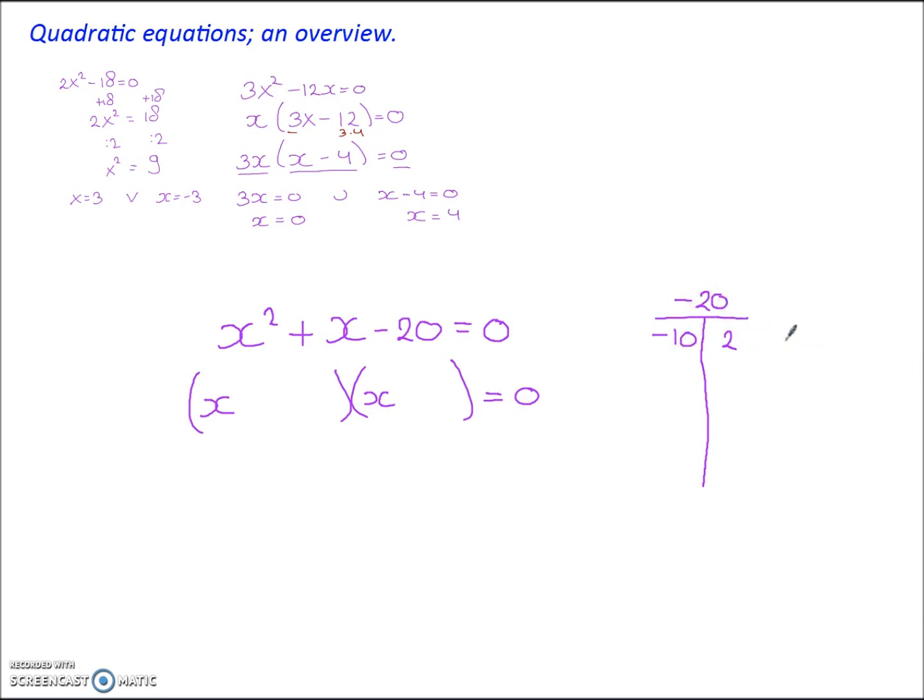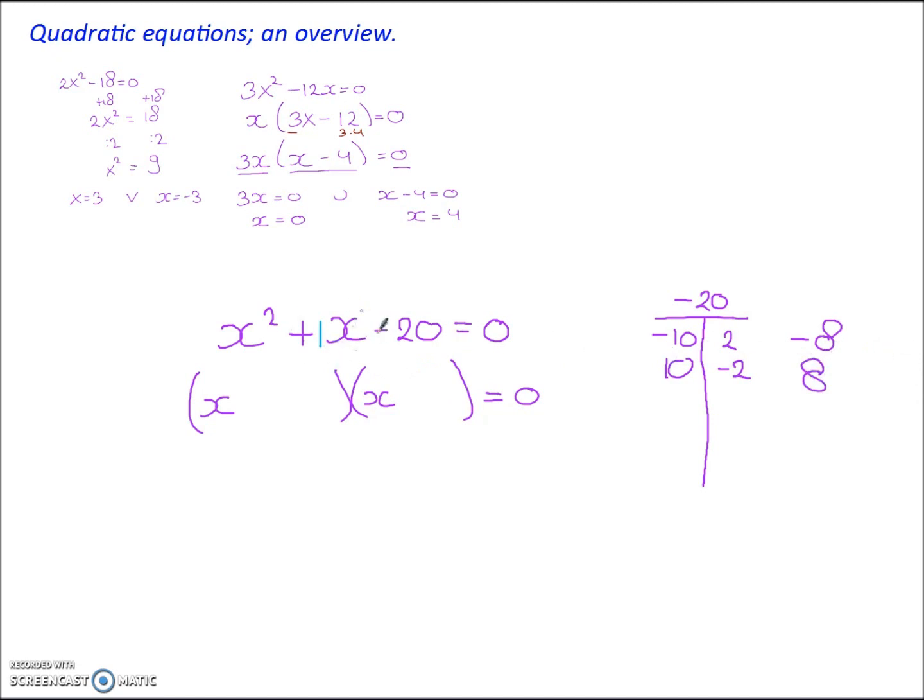However, if I add them together, -10 plus 2 is -8. But I'm looking for 1. Let's write that in to help us. I'm looking for 1. So -10 and 2 are not the answers. Well, how about +10 and -2? That'll give us +8, still not 1.